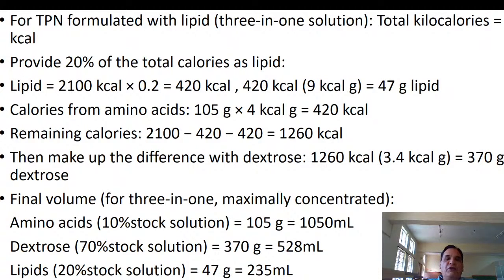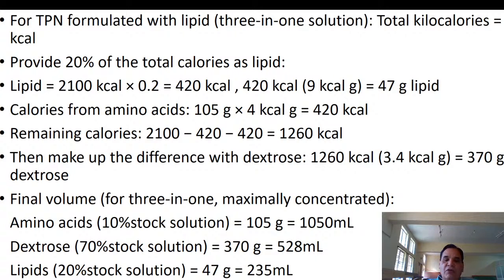So what are the TPN formulations? With lipid, usually they are called 3-in-1 solution. Most easily available, and in one bottle you have 3 compartments. Total kilocalories are maximum 2100 kilocalories, and out of that 20% as lipid. Amino acid gives 420 calories. The major portion comes from dextrose, that is 1260 kilocalories.